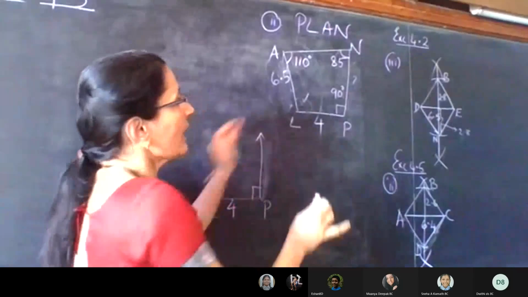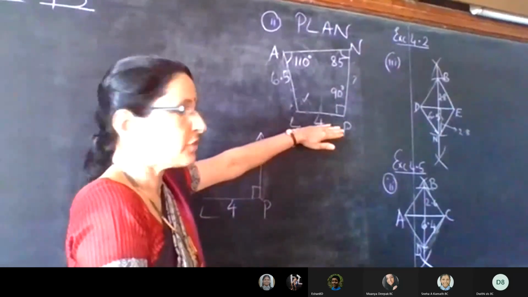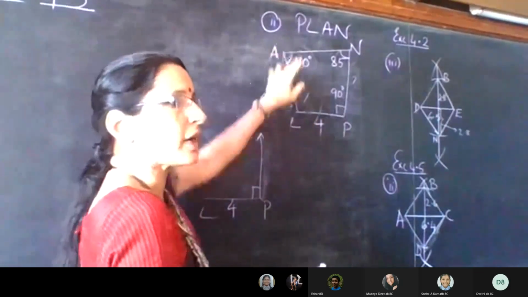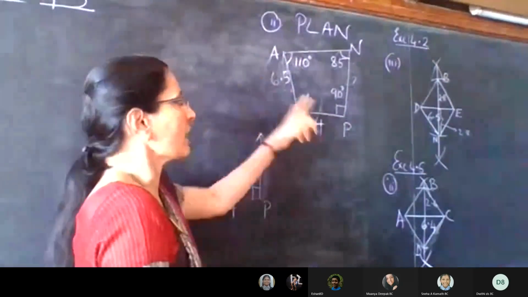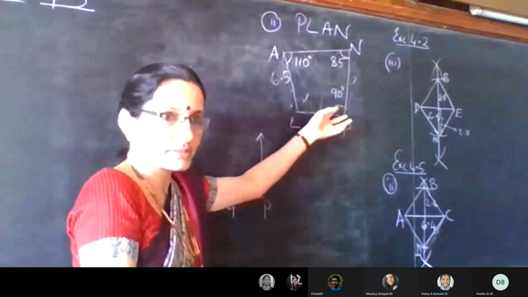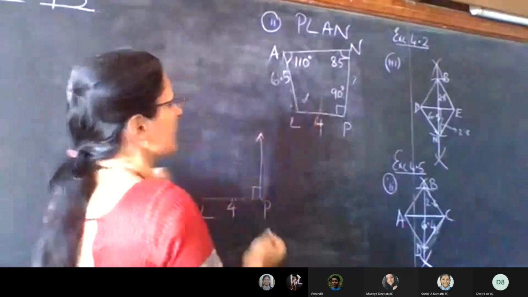So this way also I can start, this way also I can start. When I know this angle, I can start with 6.5 and draw two angles at the two ends, or I can start with 4 and draw two angles, because on the same known side I can draw. So that is why I have to find this.